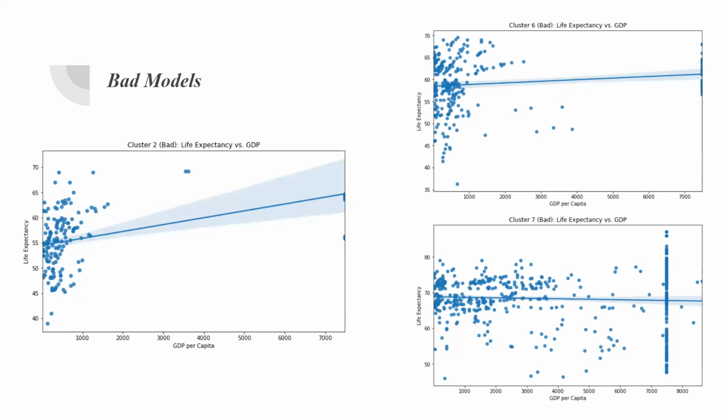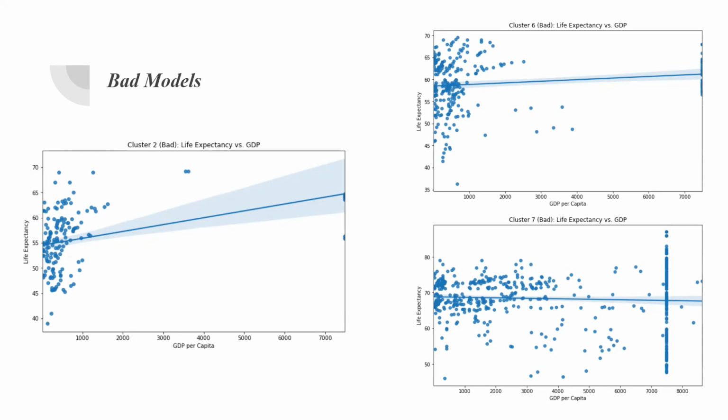What makes a bad model a bad model? It's just at this point when there's a few outliers that are very, very far out from the rest of the data, like on the graph on the left, again with GDP and life expectancy, or on the bottom right where we have points above and below the line on all sorts of different GDP per capita values or life expectancy values.